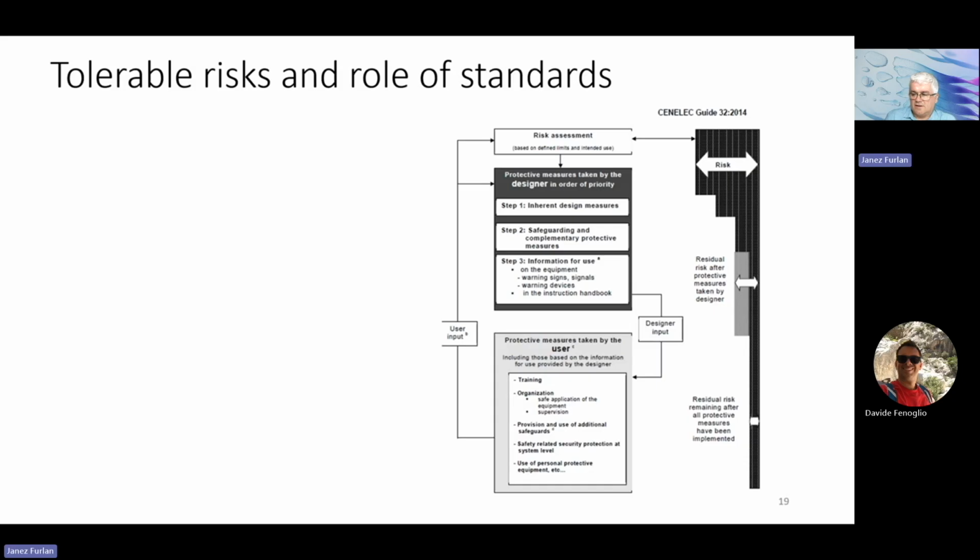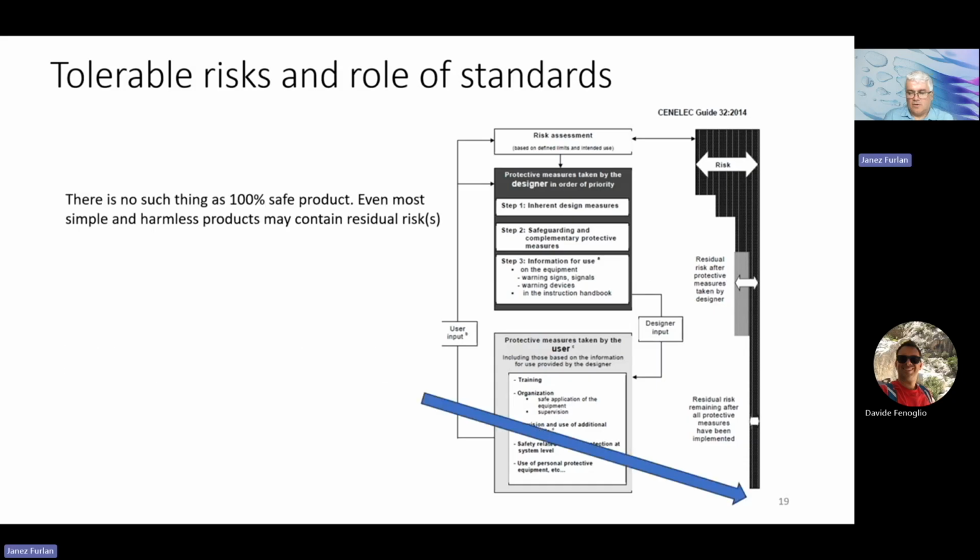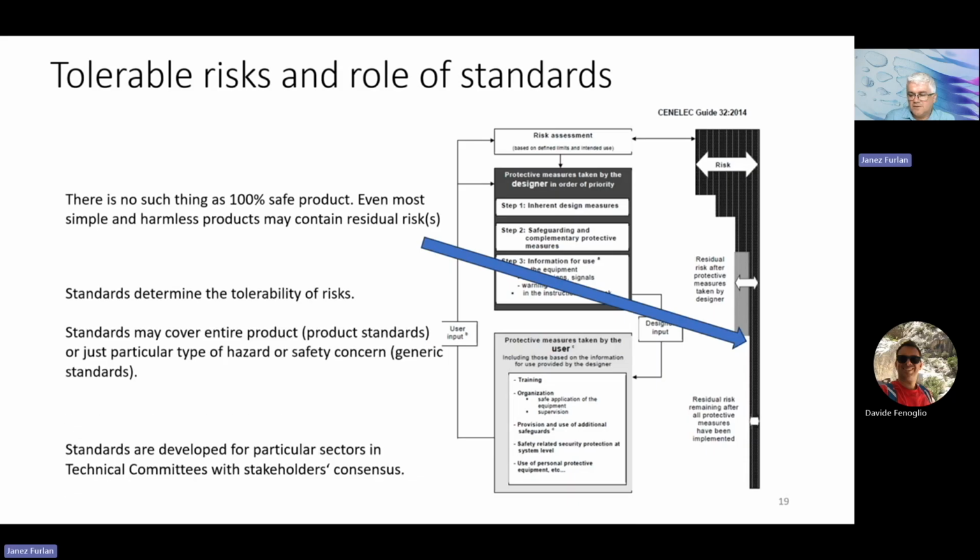This is just another presentation of the tolerability of risk. As I said very early in the presentation, there is no such thing as a 100% safe product, and we need to contain the residual risks to the user.